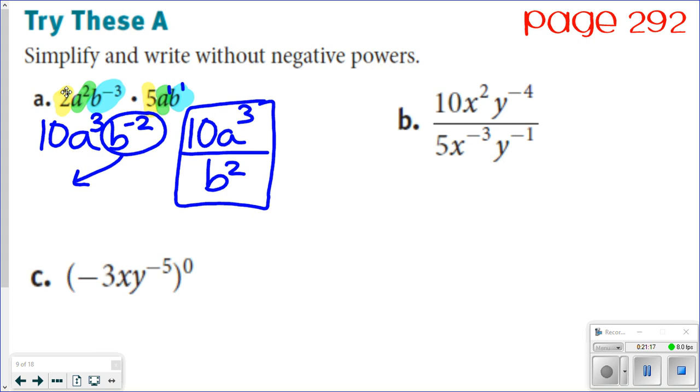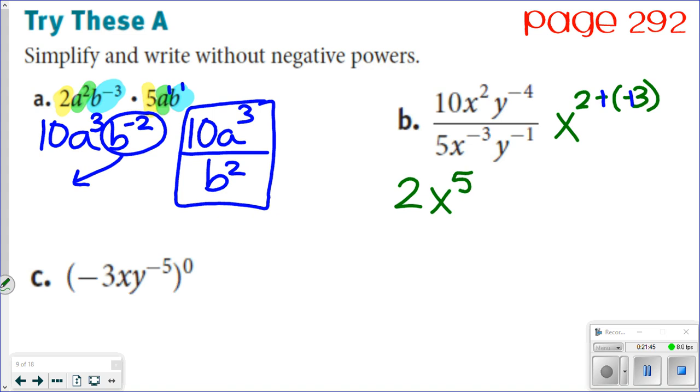Question B. 10 divided by 5 is 2. And then I have x squared minus a negative 3. 2 negatives make a positive. So this becomes 2 plus 3. So it's x to the 5th power.